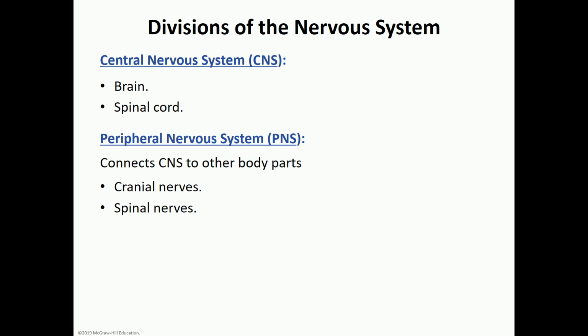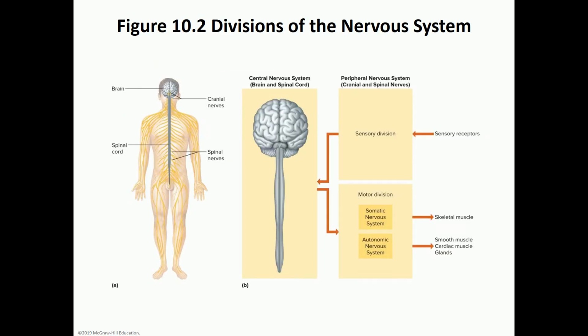So we divide the nervous system anatomically into a central nervous system, and that would be brain and spinal cord, and then a peripheral nervous system, and those are the cranial nerves and spinal nerves. So you can see them here in this image.